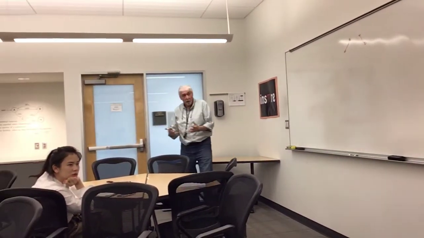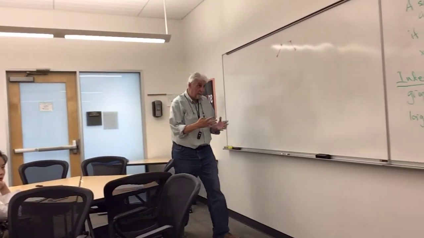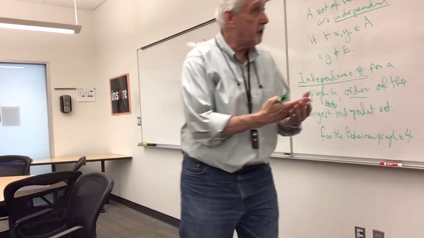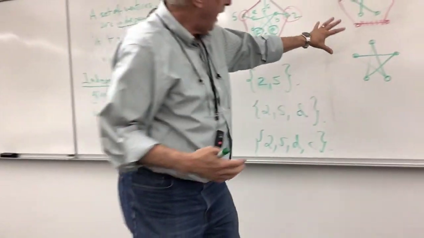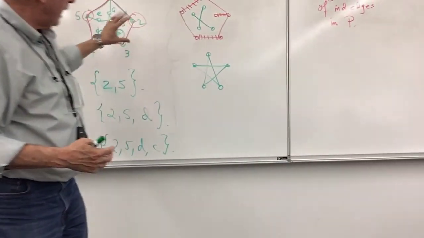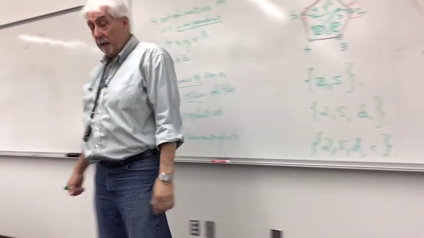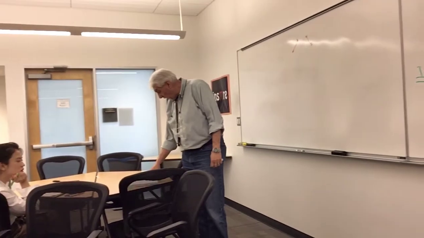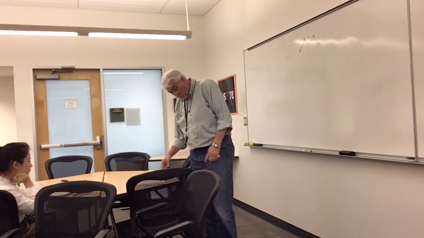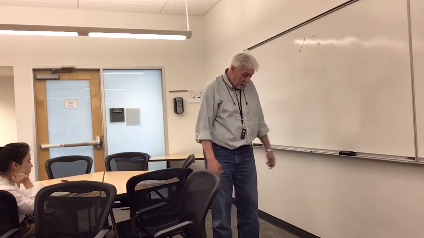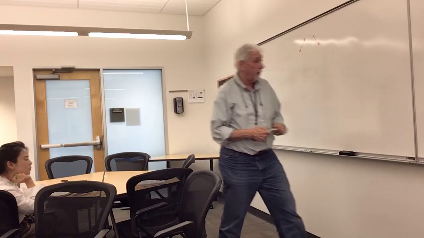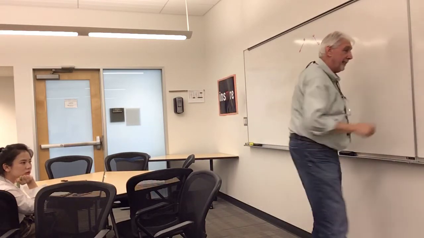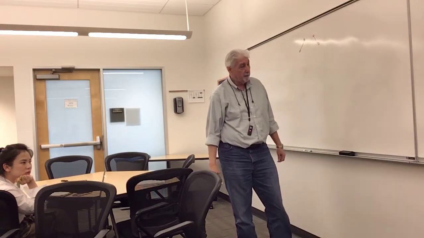Okay, so now we have a different sort of parameter. I'm looking for large sets of independent edges, and now we're going to look for a relationship between these two concepts. In terms of vertices, we call the largest set of independent vertices the independence number.